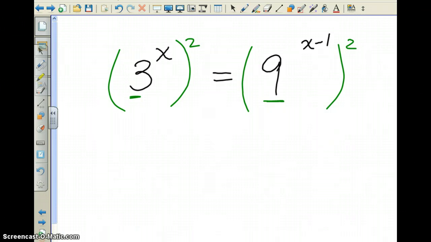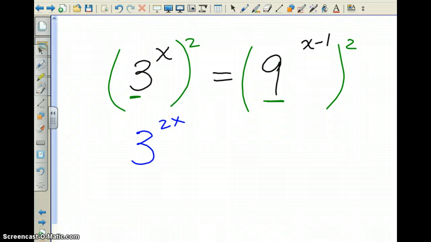So if I square the left and square the right, my bases are going to be different again. The other reason this is not mathematically correct is because this 3 is a base here. So when I use the power-to-power law, that base stays the same, and my exponents would just multiply together. So I would get 3 to the 2x, not 9 to the something.